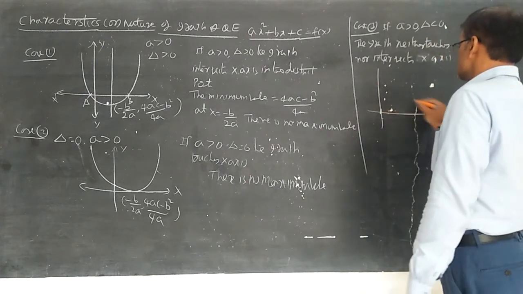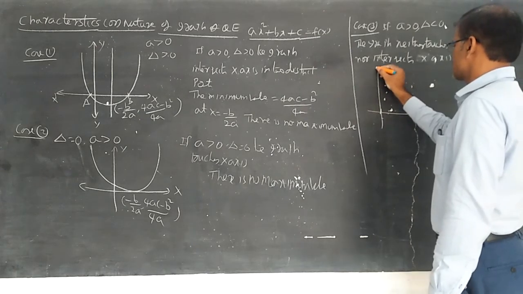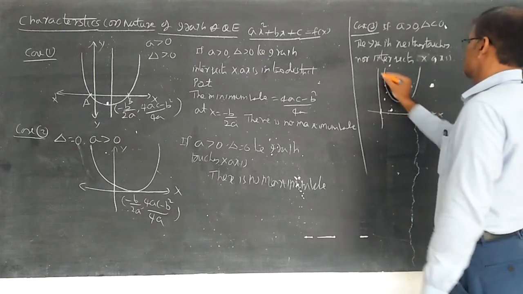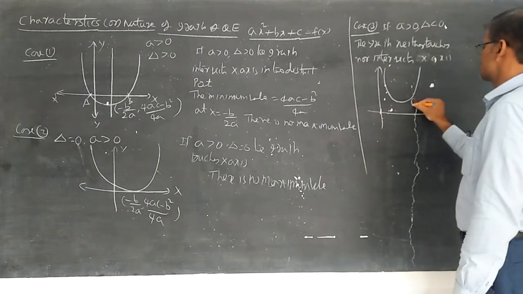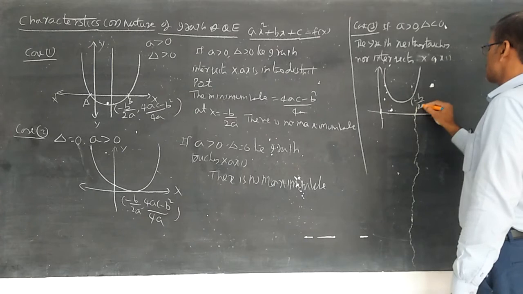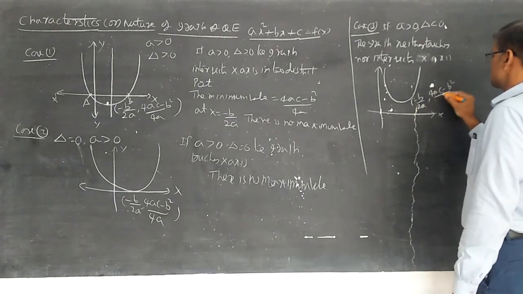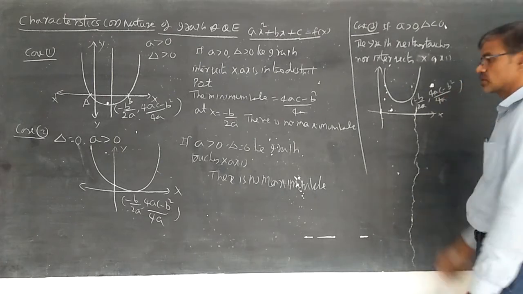The shape will be like this. Simply leave it like this. For anything you can write this one: minus b by 2a comma 4ac minus b square by 4a.